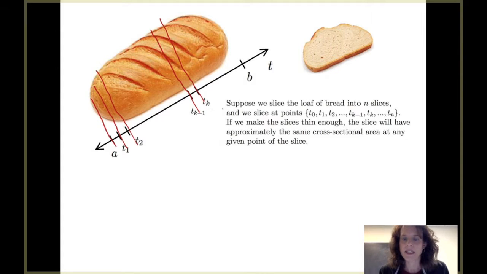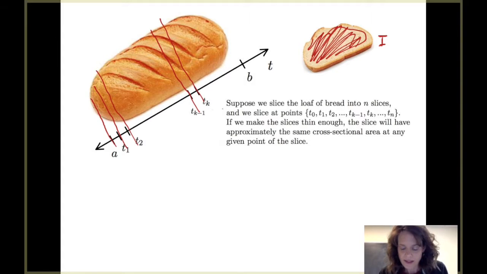If I make the slices thin enough, any given slice will have approximately the same cross-sectional area at any given point of the slice. So if I look at this slice of bread right here, I see the surface of this slice has a cross-sectional area, and its thickness is given by the width of that slice.